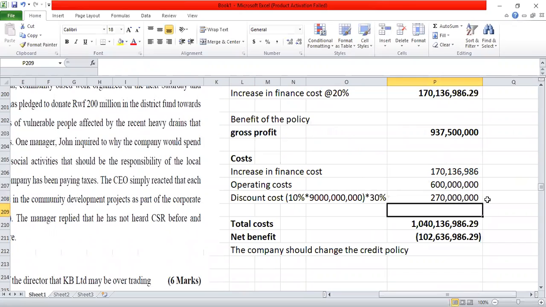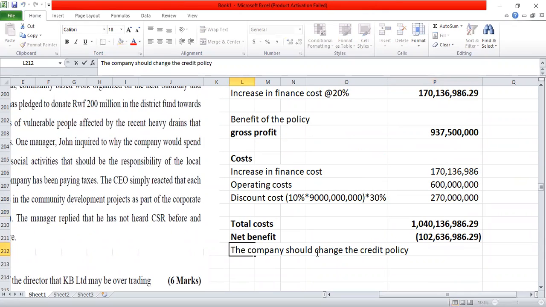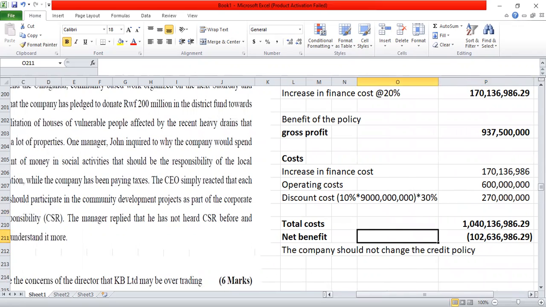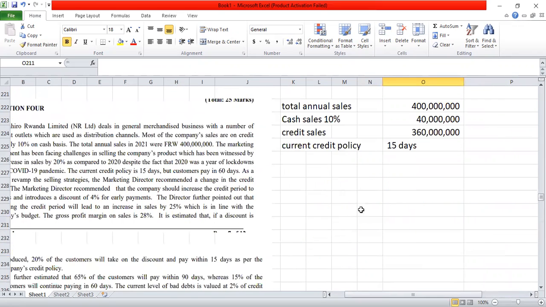I think the company should not change the credit policy. After that, I think now I should summarize the data.